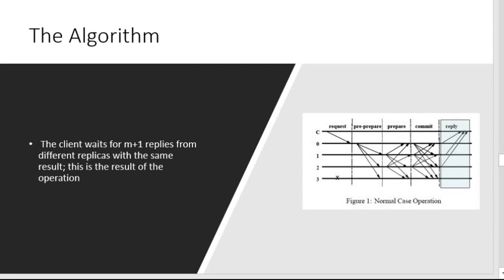The client waits for at least m plus 1 replies from different replicas. We discussed it in the 14th or 15th slide, I guess. The same thing is mentioned here because the client wants to make sure whether the replies received from the different replicas are the same or not.